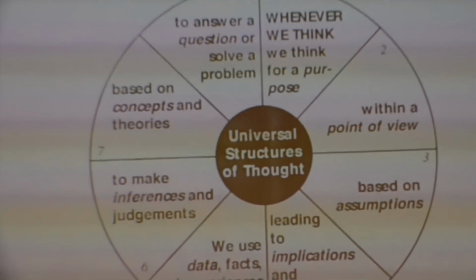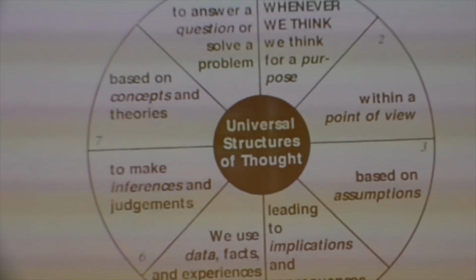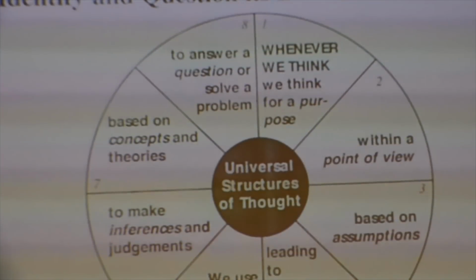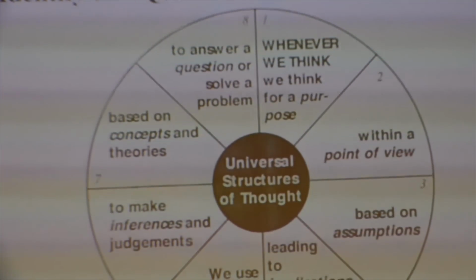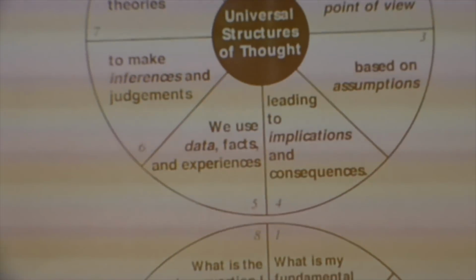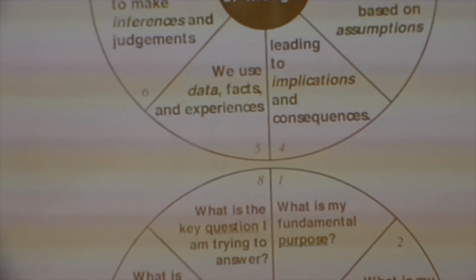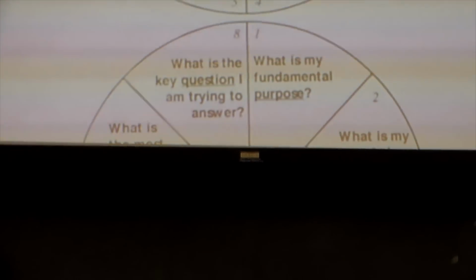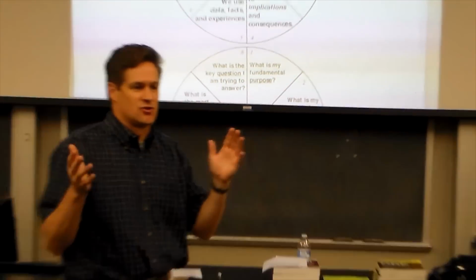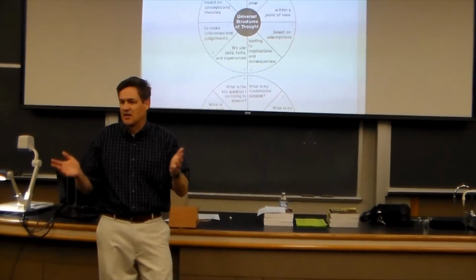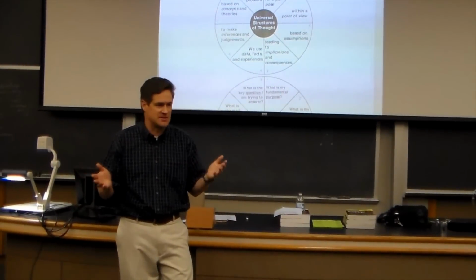So the first few, number 1 and number 2, are talking about the general purpose and the general point of view of the person offering or evaluating the argument. You won't have to think about this too much. You're taking an exam and you're trying to write analytically, so that's heavily affecting what your purpose is, right?